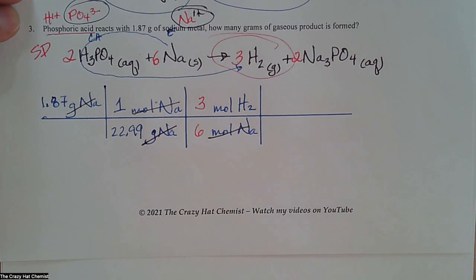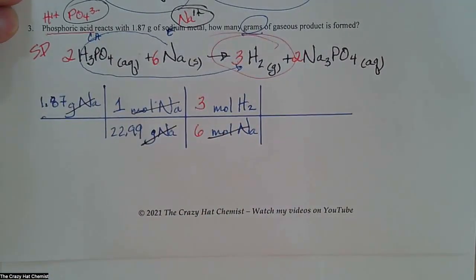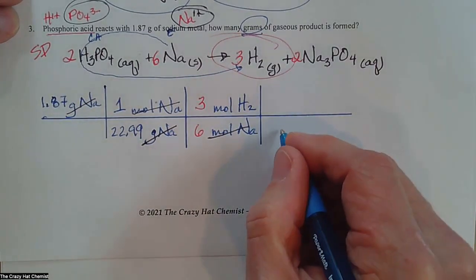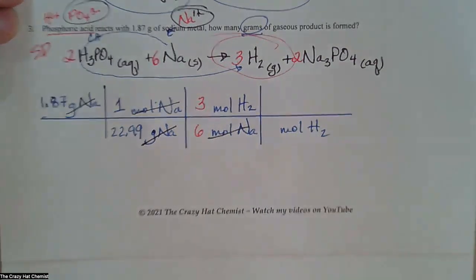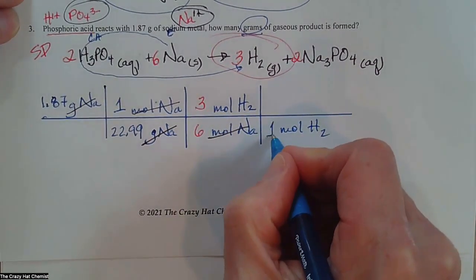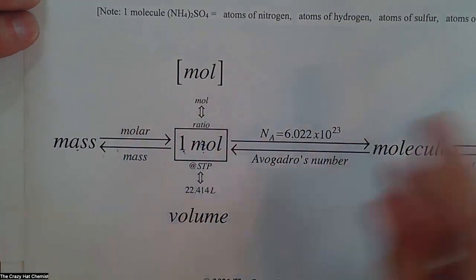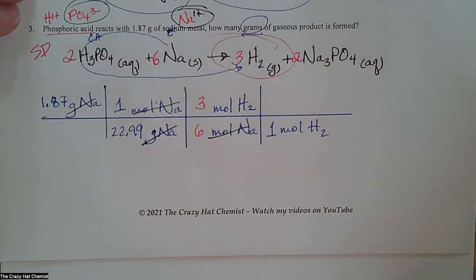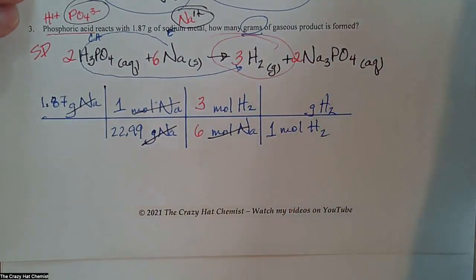Then we have one more thing to do, and we are going to now take this to grams of that gaseous product. So I'm going to have moles of H2 down here in the denominator. How many moles? It's going to be 1. Why is it 1 mole? Because I'm right here going from moles to mass using the molar mass. And then I'm going to have up here grams of H2 in the numerator.